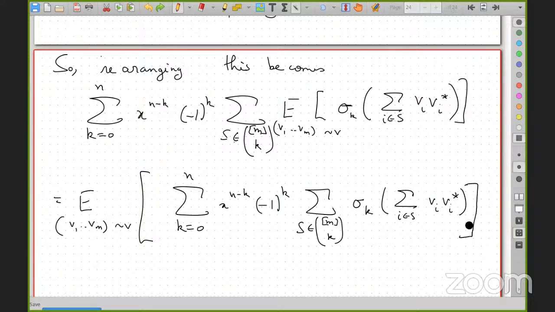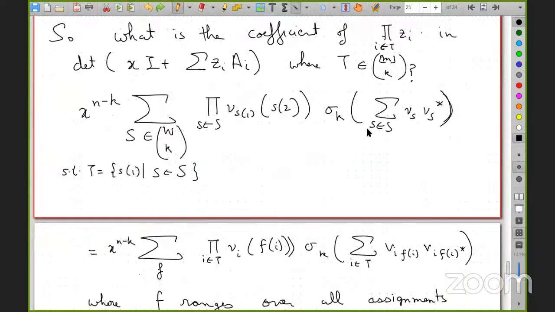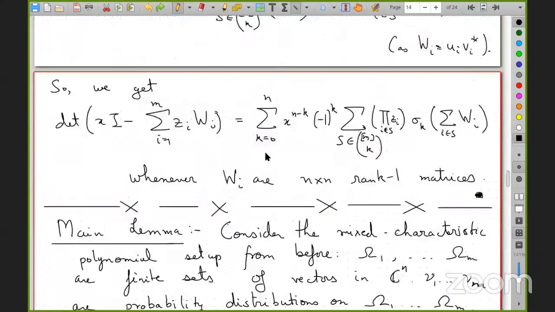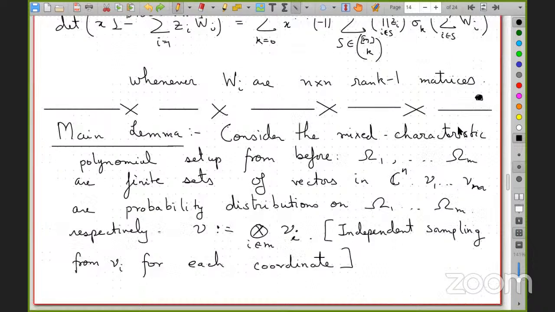Sorry for going over time, but let's finish this. Now we apply our favorite lemma 3 again. The determinant of xI minus summation zi wi, where wi is a rank 1 matrix, and let's now put zi equal to 1, is exactly given by this summation where you sum over k size subsets of m, sigma k of the summation corresponding to the vi's.